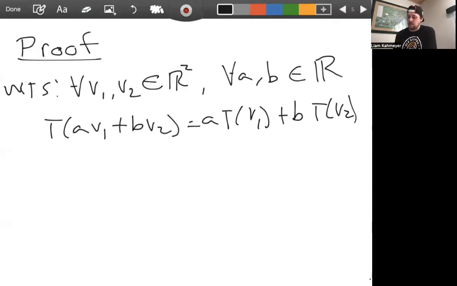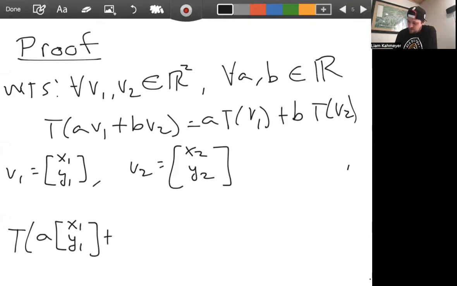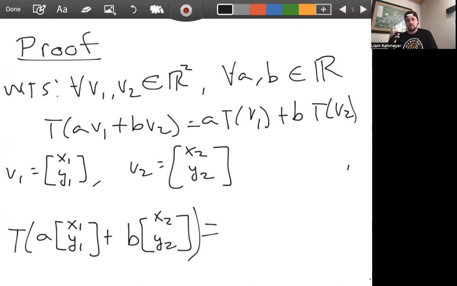How can we show that? Well, let's take two vectors. Let's say V1 is (x1, y1) and V2 is (x2, y2). Now let's consider T of a(x1, y1) plus b(x2, y2). We want to take T of this linear combination and verify that we indeed get this linearity property.